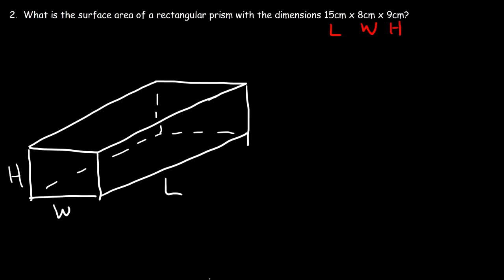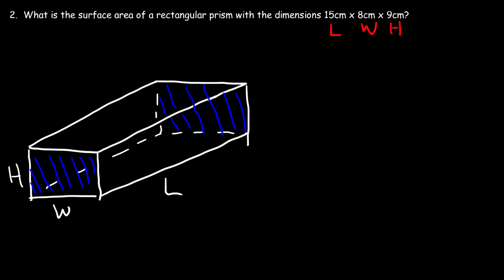How can we come up with an equation that's going to help us to find the surface area of this rectangular prism? The surface area is basically the area of all 6 faces of this prism. So the area of the front is the same as the area of the back face.